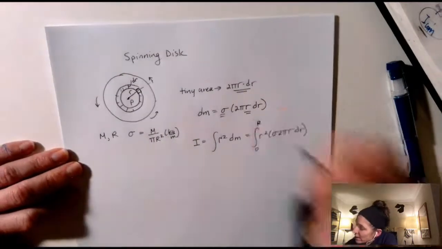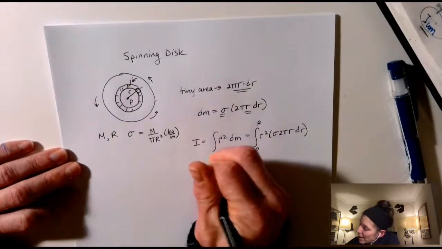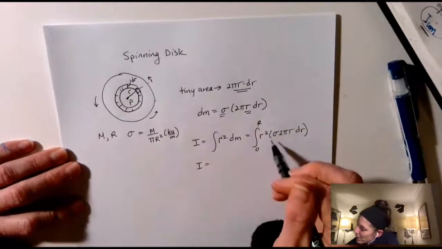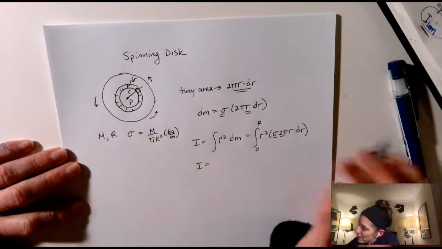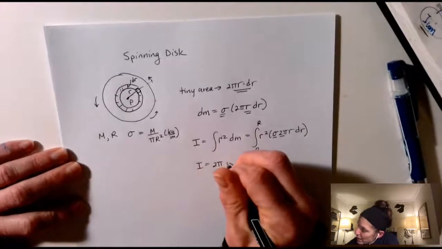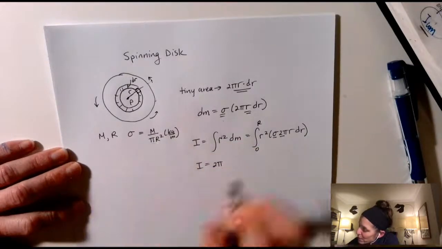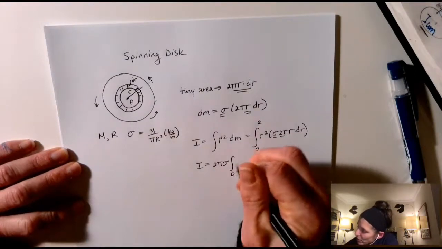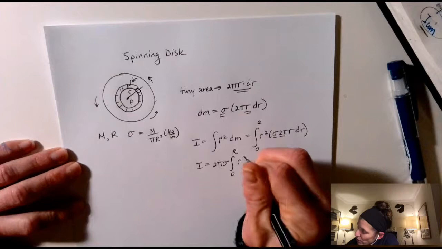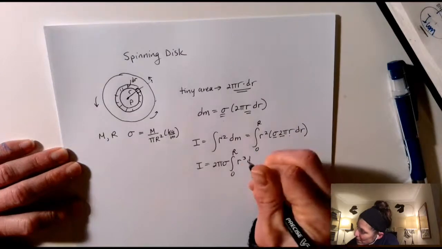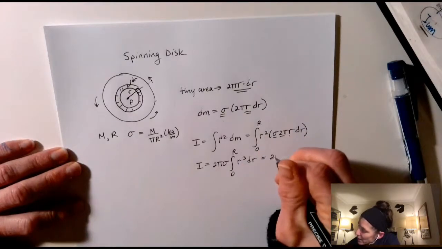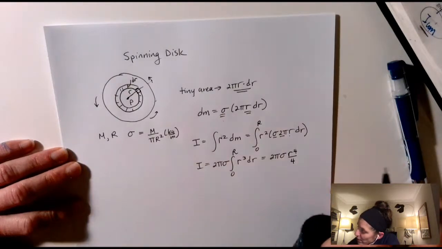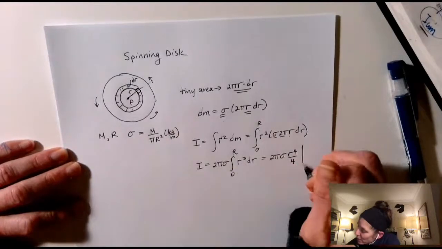So I'm going to pull out all the constants now. 2 pi and sigma are constants. So I is 2 pi sigma times the integral from 0 to R of r cubed dr, because there's two of them. That's equal to 2 pi sigma times r to the fourth over 4, evaluated from 0 to R, and since I have bounded integrals, I don't need a constant.